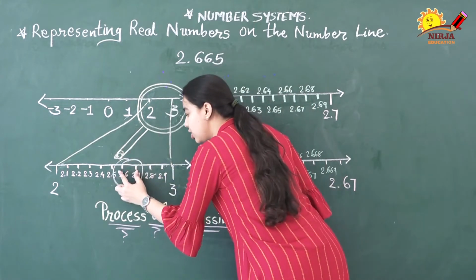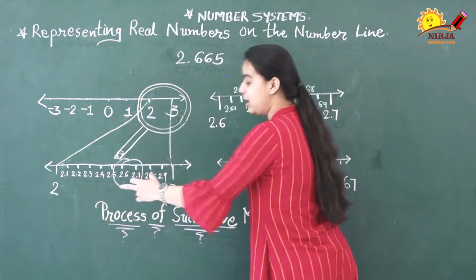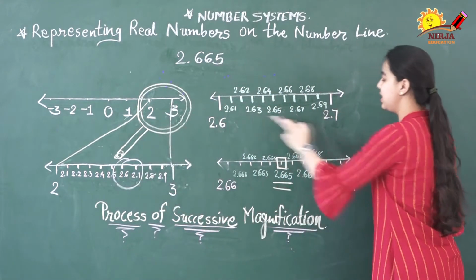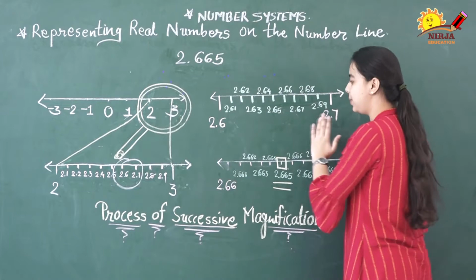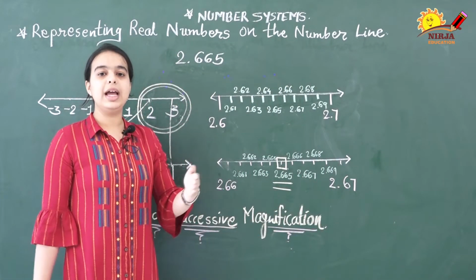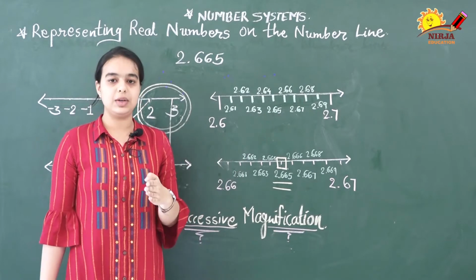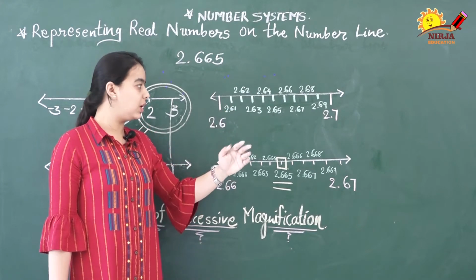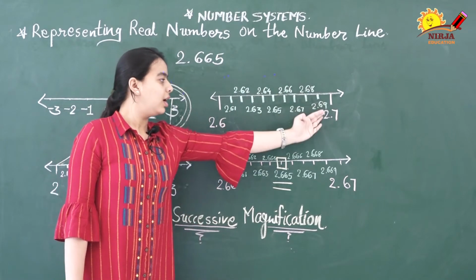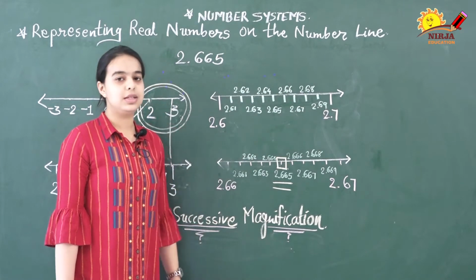Again take a closer look at this portion, and to get a clearer idea, I have taken 2.6 and 2.7 on a separate number line. Again I have divided this portion into 10 equal parts: 2.61, 2.62, 2.63, up to 2.69 and 2.7.